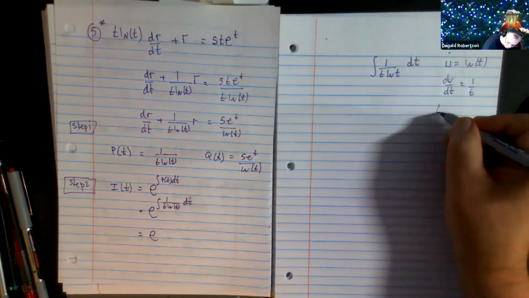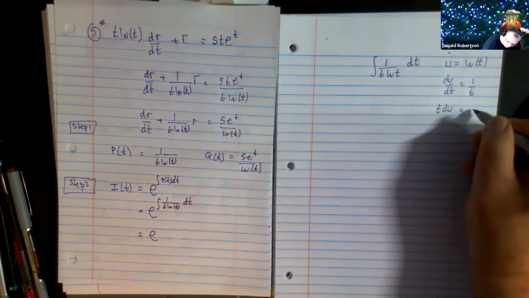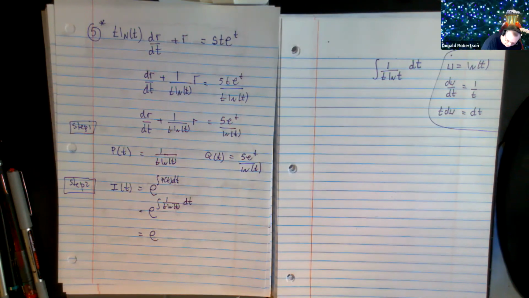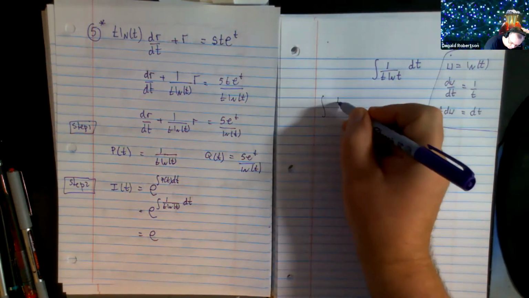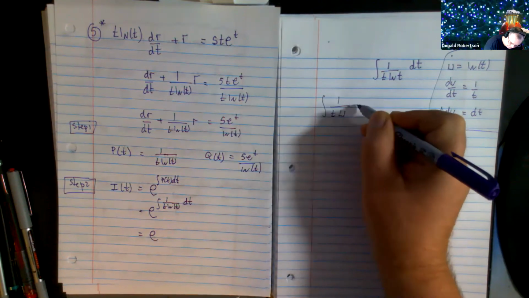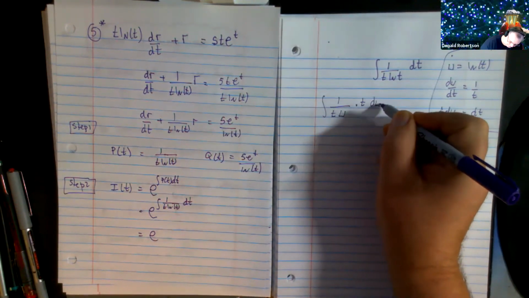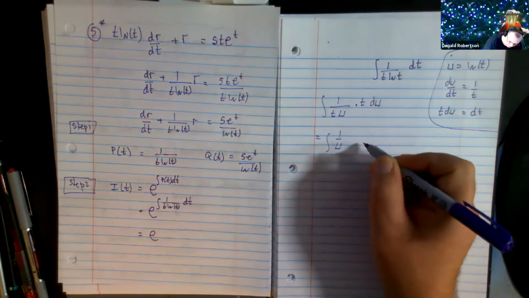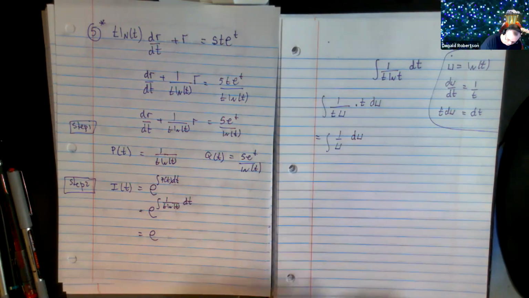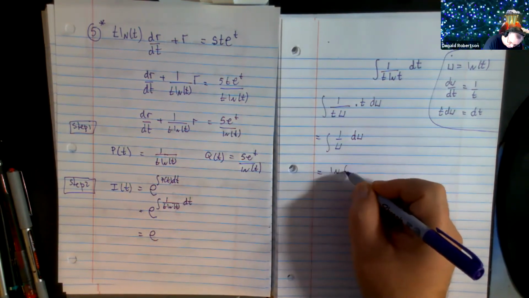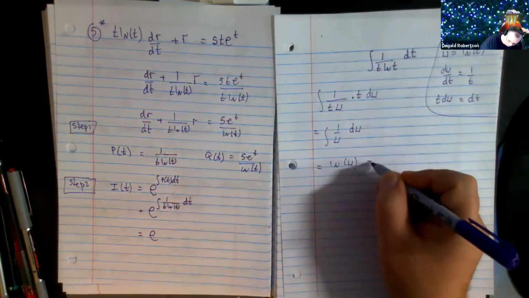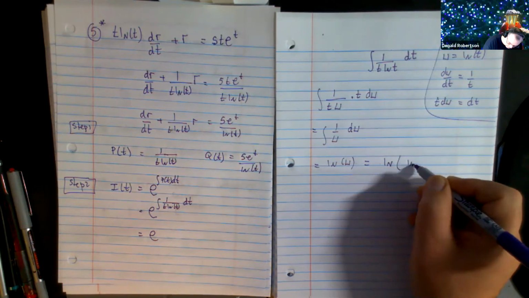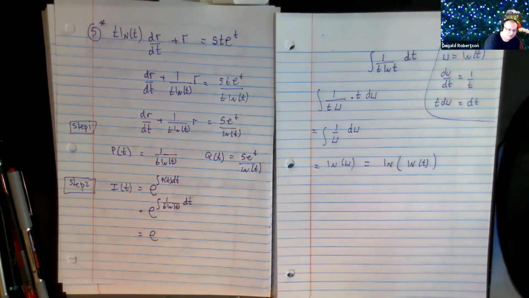And when I do the crossover, oh, I'm finished. Right? I know what dt is. So this is going to be 1 over t u times t du, which is, because the t's cancel, 1 over u du, which becomes the natural log of u, which becomes, wait for it, the natural log of the natural log of t. Now that's pretty weird.